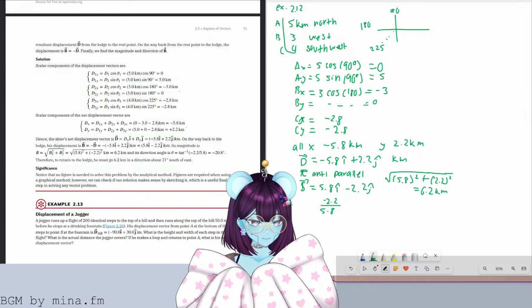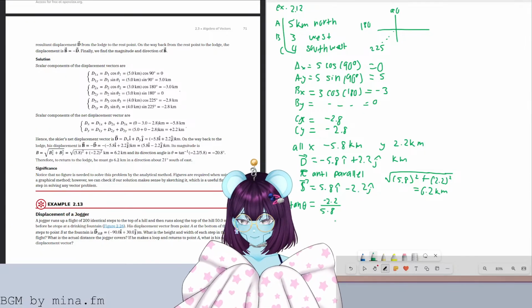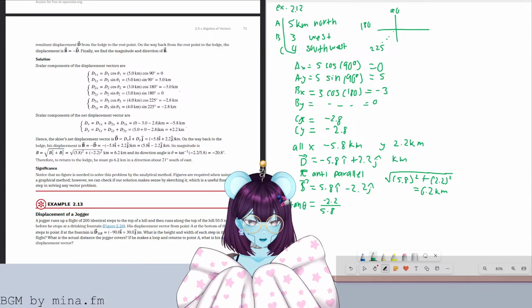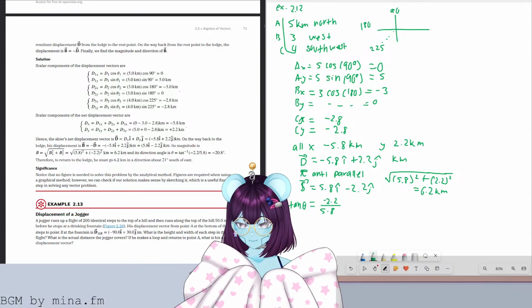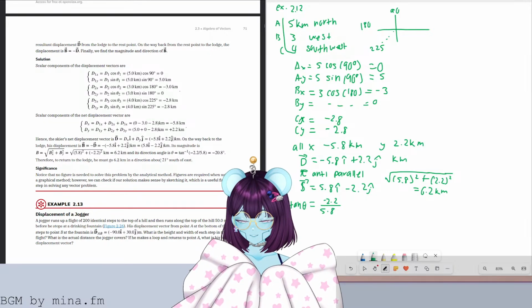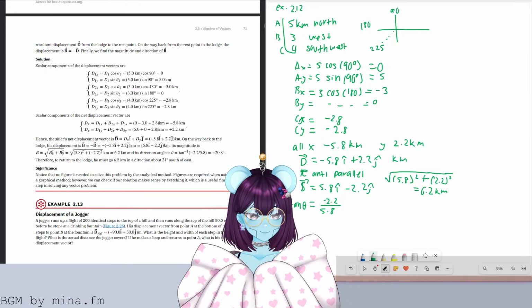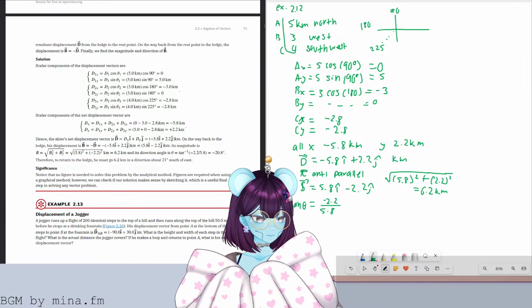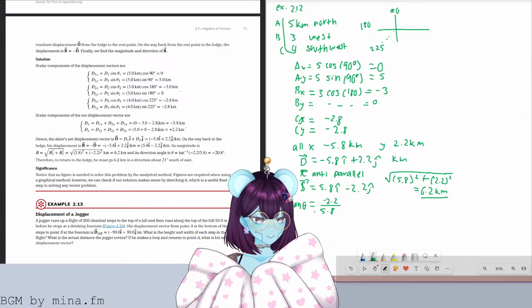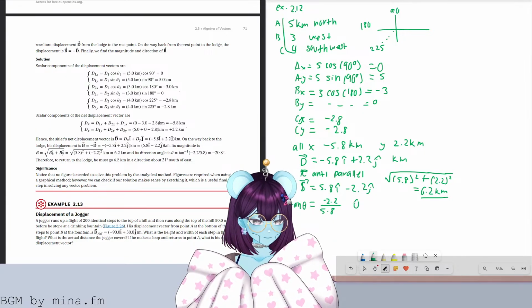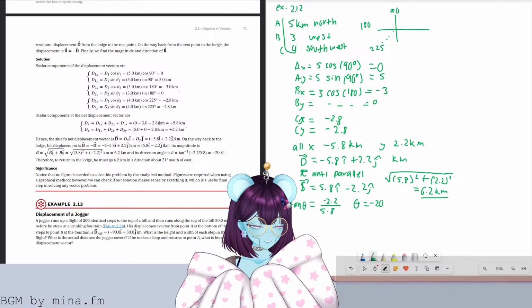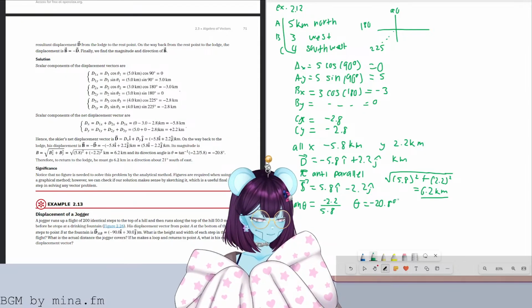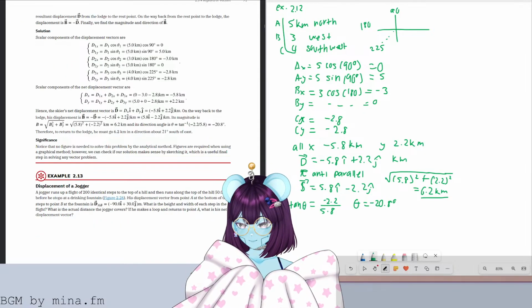And then we got tangent is equal to that. So they said for the lodge, he must go 6.2 kilometers in a direction of 21 degrees south of east. So we get our 6.2 kilometers from that magnitude and our direction from this angle, which they said was -20.8.